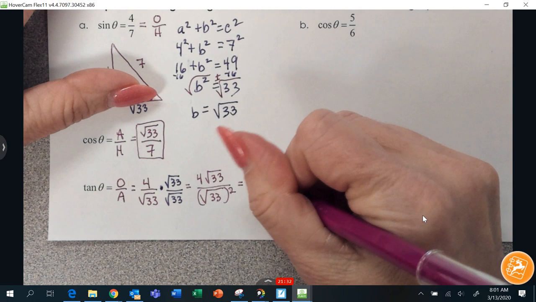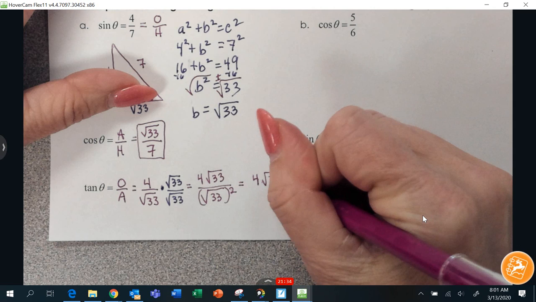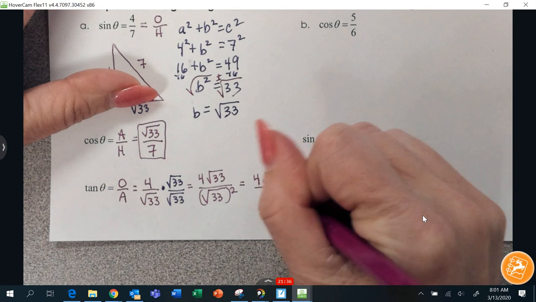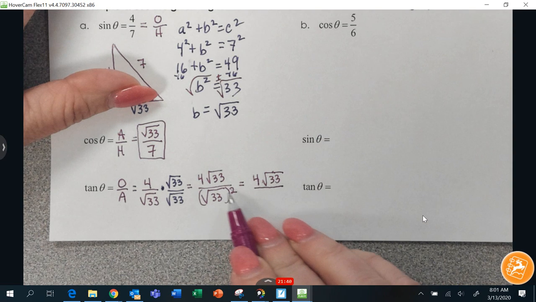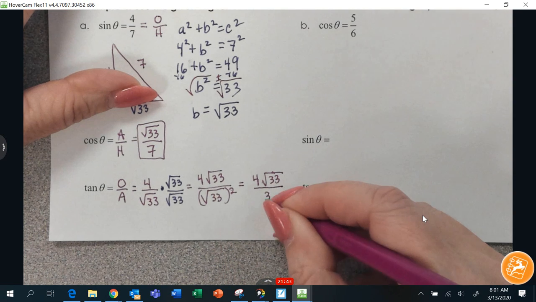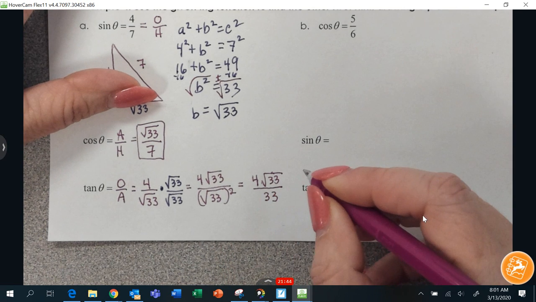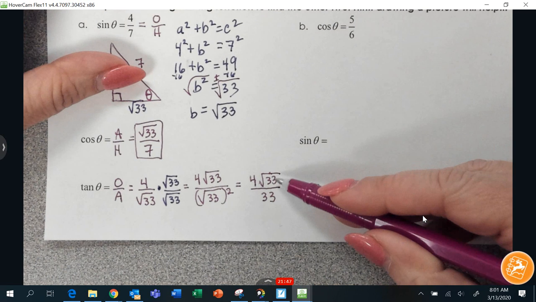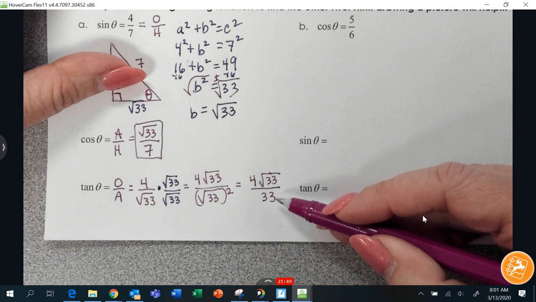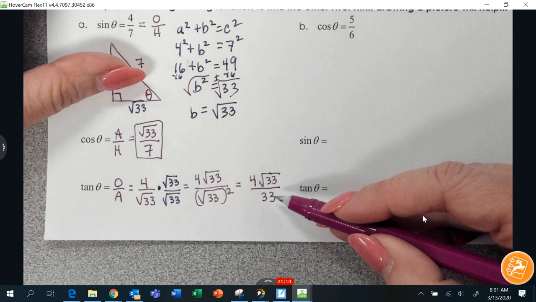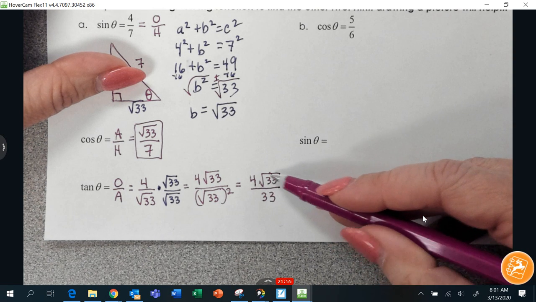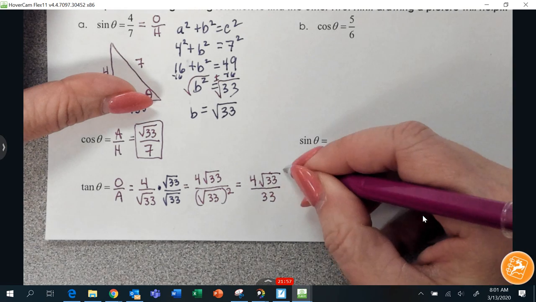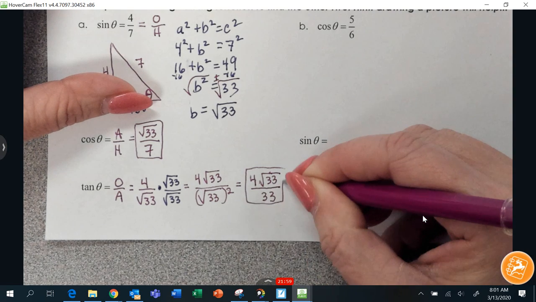On top, 4 square root 33. On the bottom, the squared and the square root cancel each other out, so I just get the 33. Can I cancel the square root 33 with the 33? No. The square root 33 is under a radical, 33 is not, therefore they cannot cancel. That's our answer.